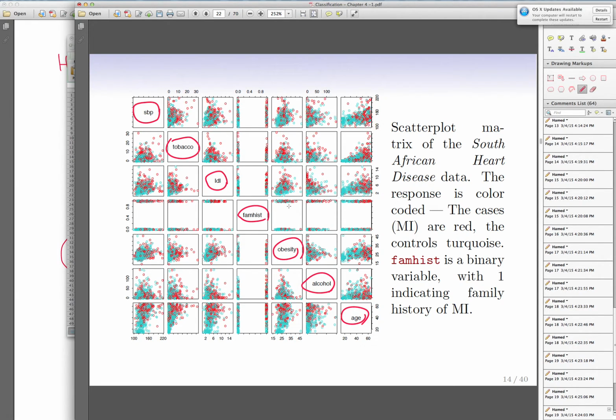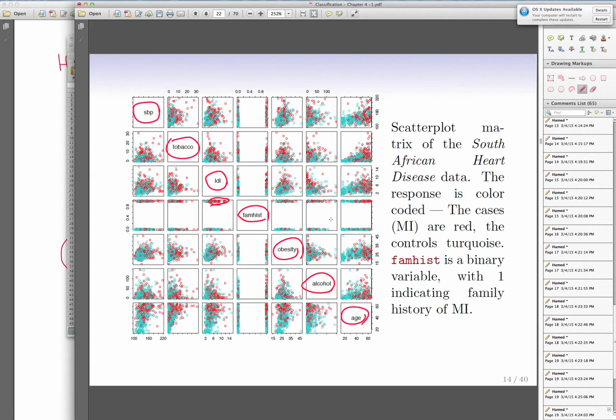One of the things you can see here is that if you have family history, it's most likely that you will have heart attack. But most of the things are not that apparent. Specifically, maybe for tobacco, yes. Using more tobacco consistently results in more heart attack. These are the things you could see readily, but we are interested in summarizing things mathematically.